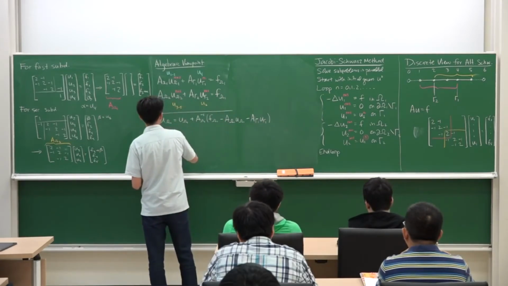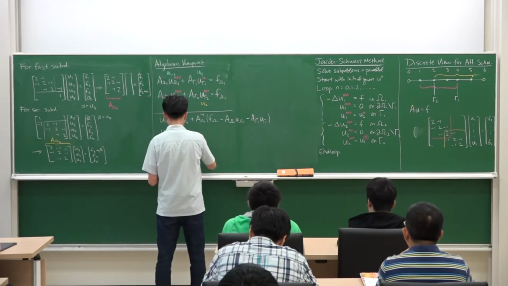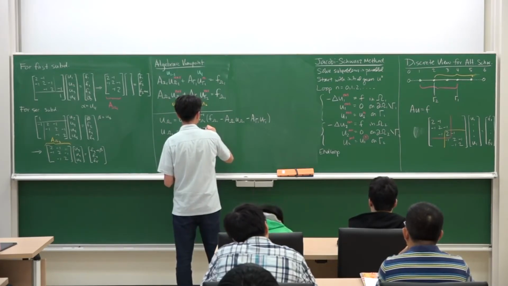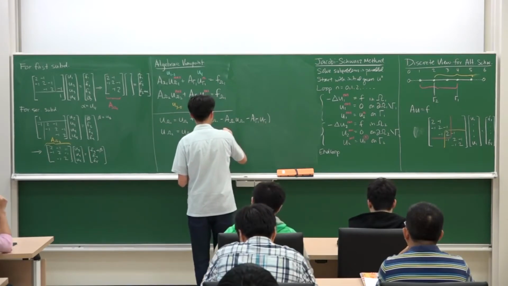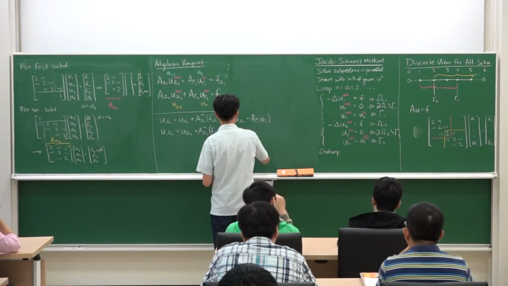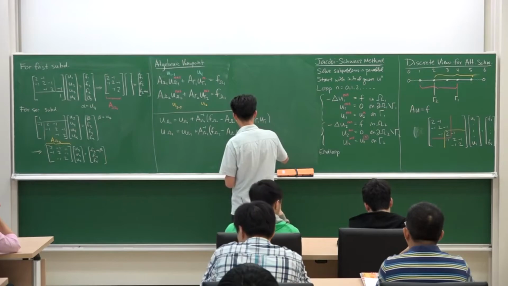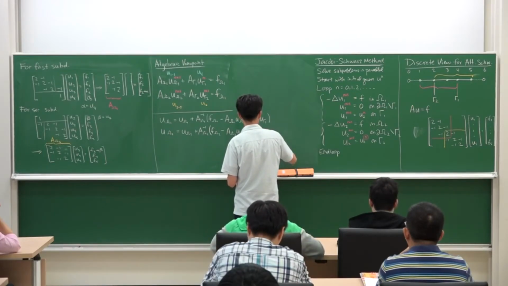And then for the second equation, U omega 2 equals U omega 2 plus A omega 2 inverse F omega 2 minus A omega 2 U omega 2 minus A gamma 2 U gamma 2.